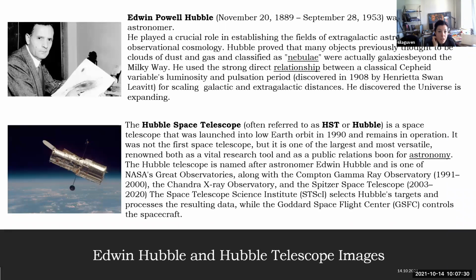So I look at Edwin Powell Hubble's works. I have painted nebulas many times, and he's the first one who classified nebulas, the star homes, and he also found that the universe is expanding, but he couldn't get the Nobel Prize for this.